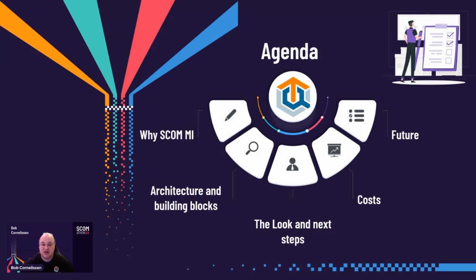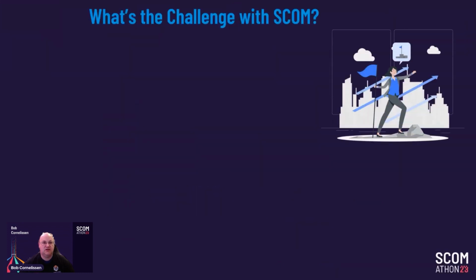And we will discuss a little bit about the costs, which is, as far as we know, for now. Obviously, there's no conclusive thing there, and we will talk a little bit about the future, the immediate future there. So let's see what we can do.